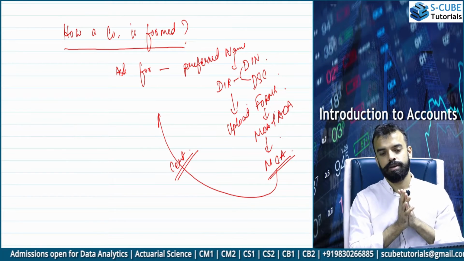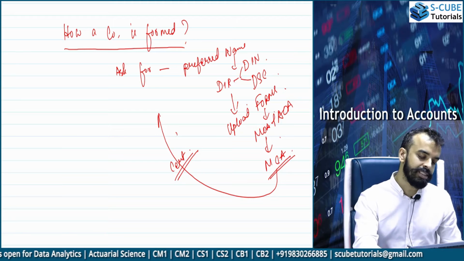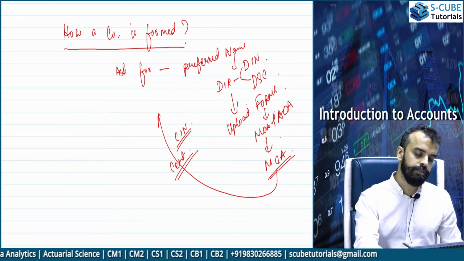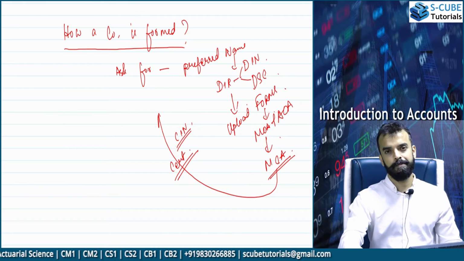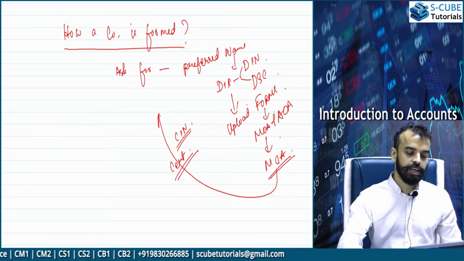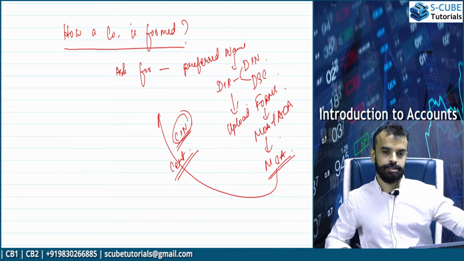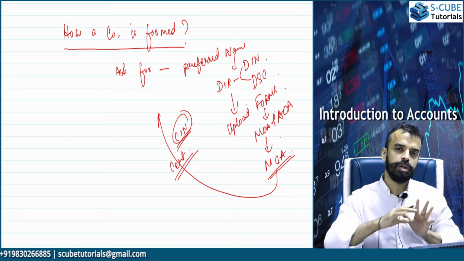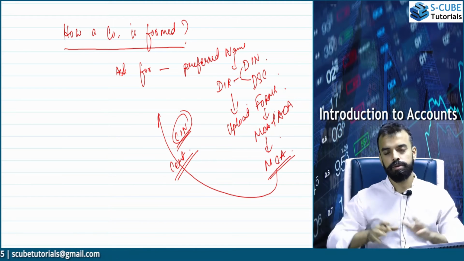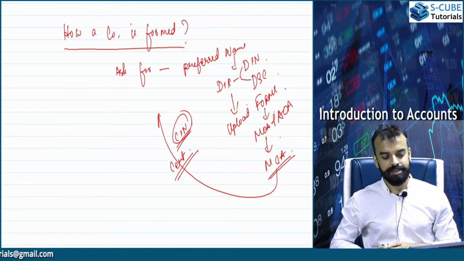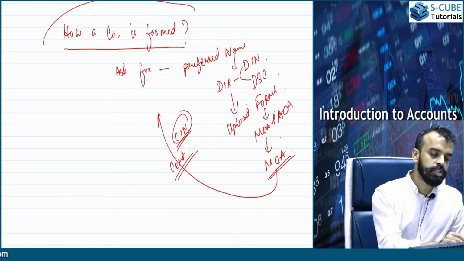That certificate will have a number called CIN, certificate of incorporation number, okay, corporate identification number, I am sorry. That CIN will be quoted in all our corporate and legal requirements. And this is how a company is formed.